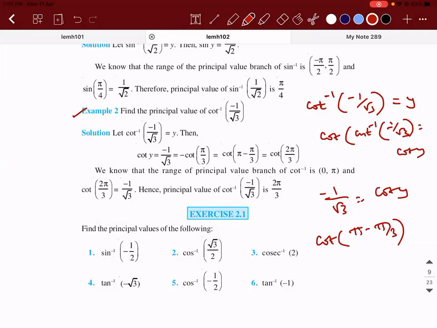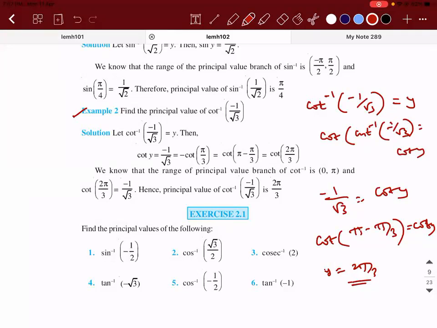First find the acute angle, then write pi minus pi by 3. So it is going to be cot y, so this is 2 pi by 3. So y is 2 pi by 3. Is 2 pi by 3 lying between 0 to pi? Yes, it is. So that's the answer. Am I clear? Or is there any confusion? Is there any point you want me to repeat?